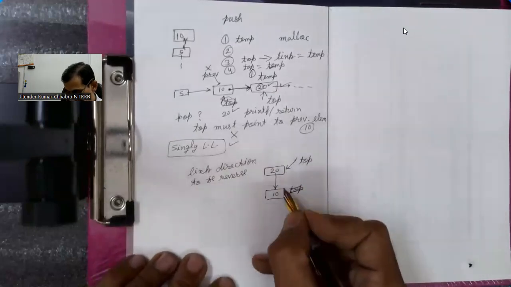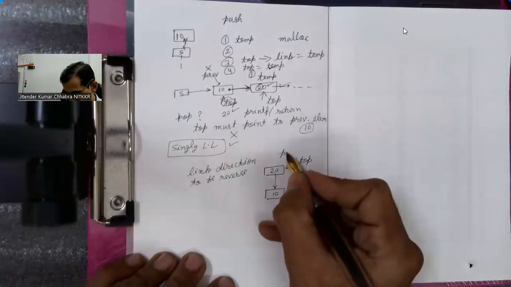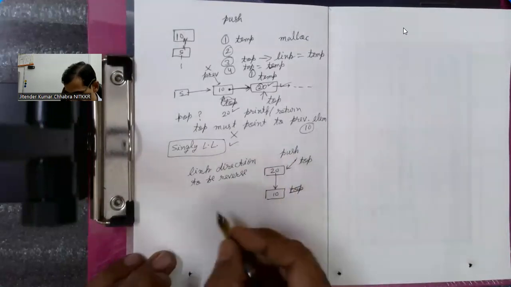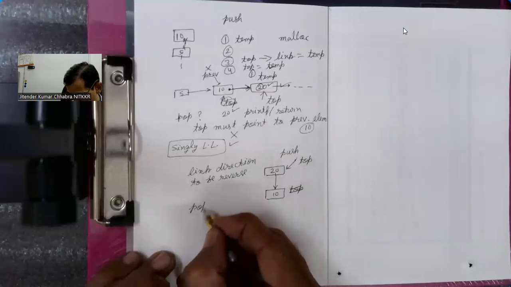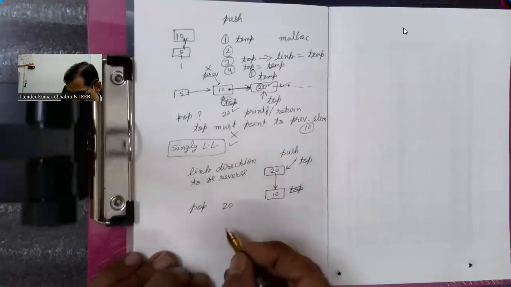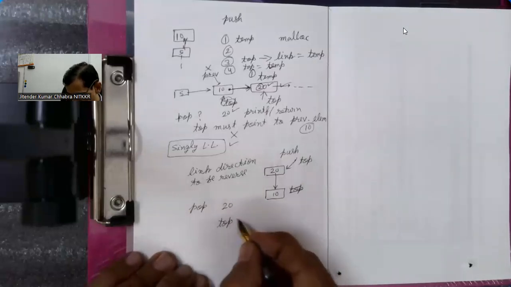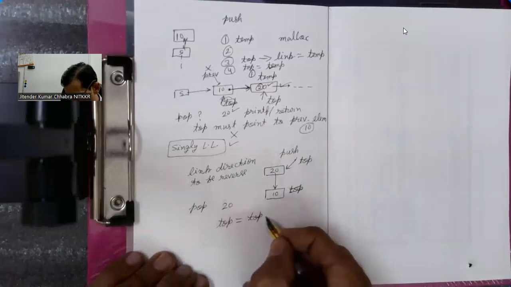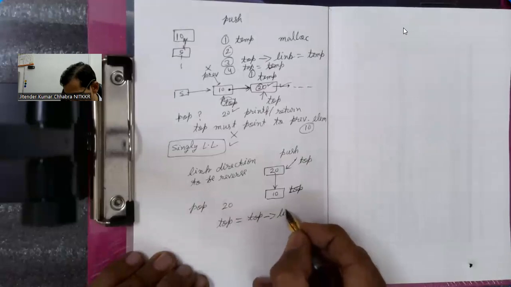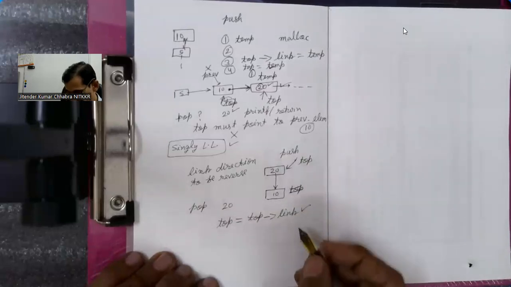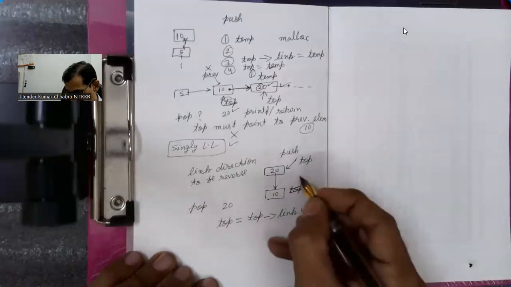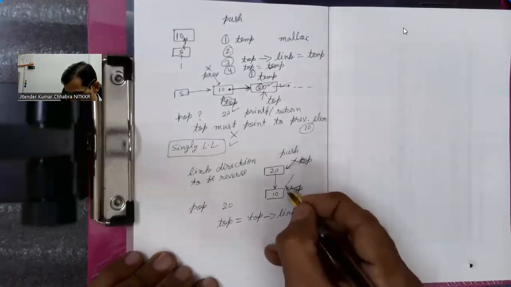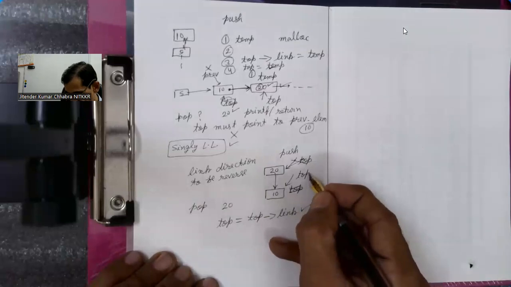Effectively, your push operation was able to add this. And if you wanted to pop, of course, 20 will come back. But simply saying top equal to top arrow link will solve the problem for me. This will be without a problem and top will come back to the previous node.